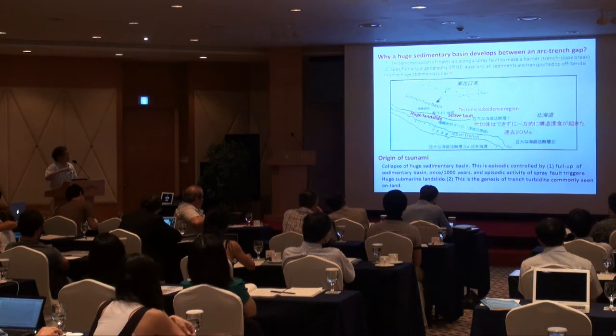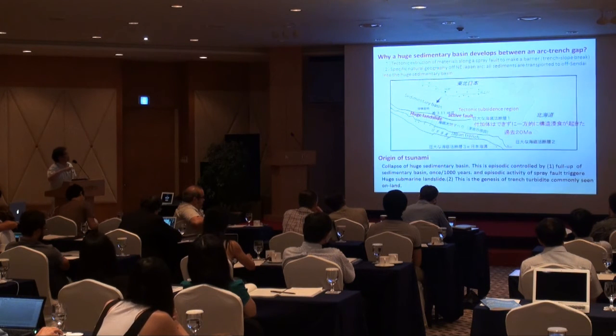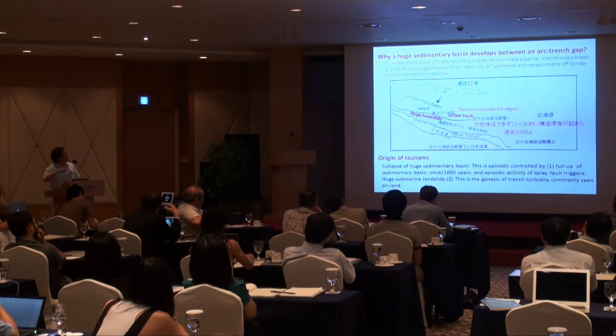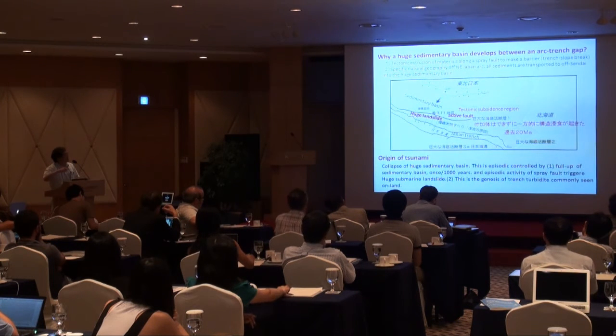This is different in southwest Japan. So this is the first important point. Along this cross section, you will sometimes see a trench slope break. The reason is tectonic extrusion of materials along a splay fault to make a barrier, just a rock barrier.